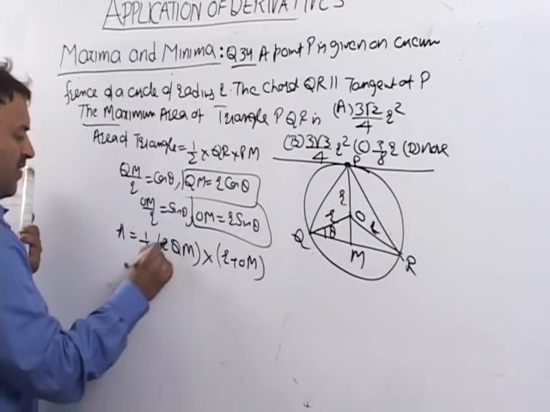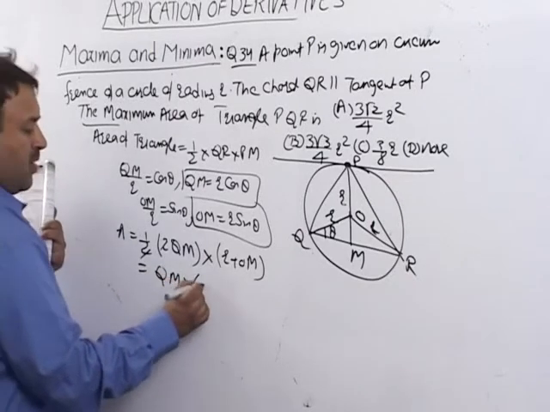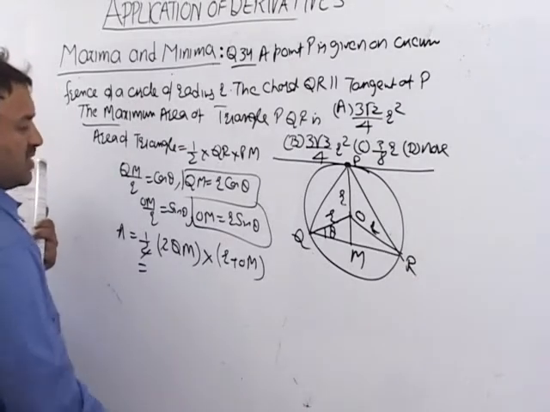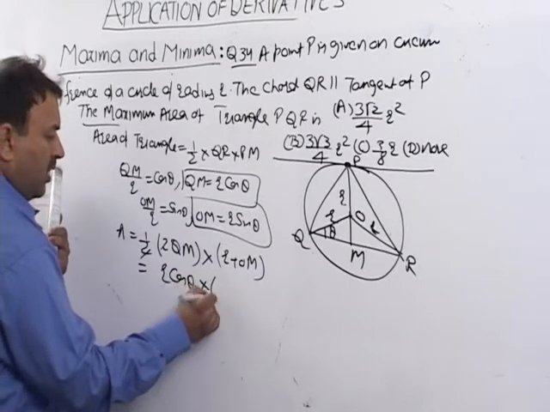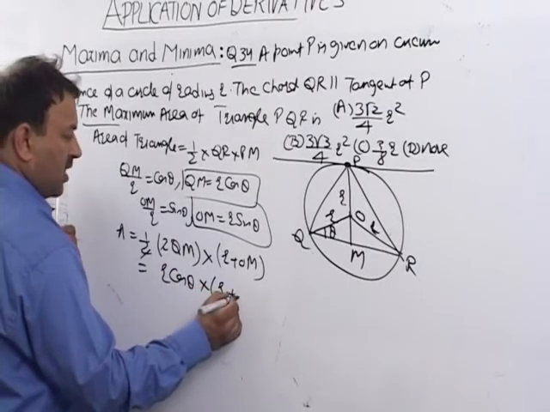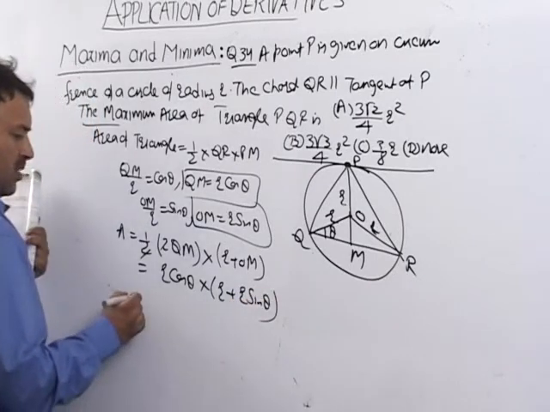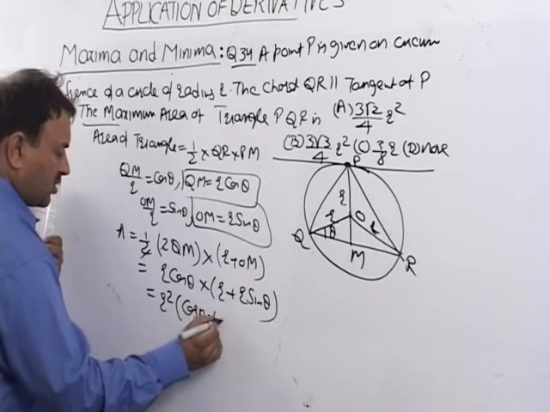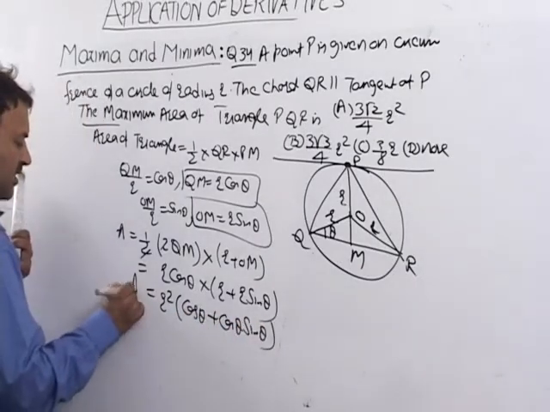Half into 2 cancels out, it is QM into R plus OM. QM is R cos theta into R plus R sin theta. It comes out to be R square into cos theta plus cos theta into sin theta. This is the area.